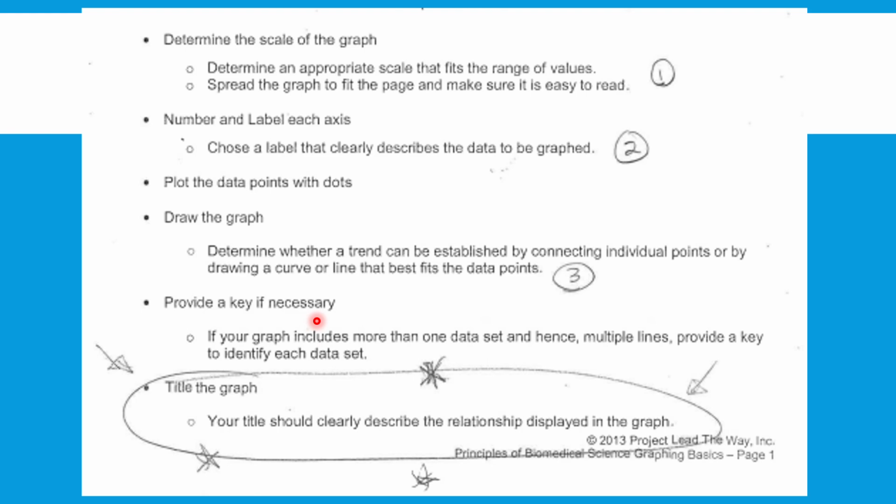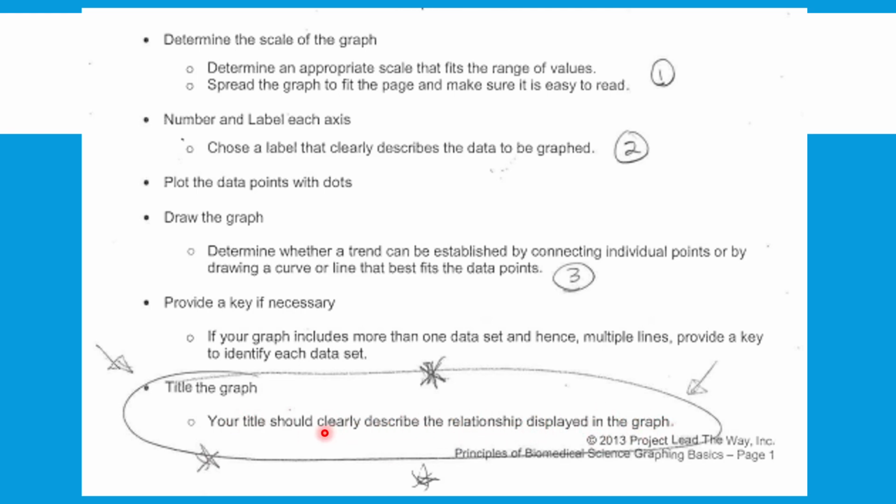Provide a key if necessary. So if we have a graph that includes more than one set of data, or multiple lines or multiple bars, you need to provide a key to identify what each line means, what each bar means. And you definitely need to have a title on your graph. Notice I circled it, I've got arrows, stars. Your title should describe the relationship displayed in the graph.